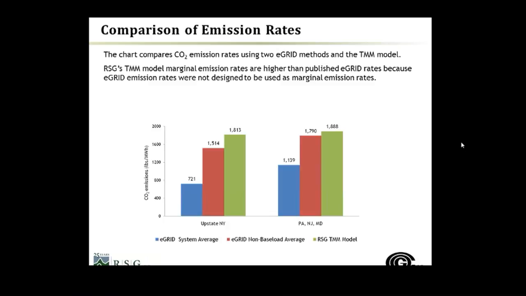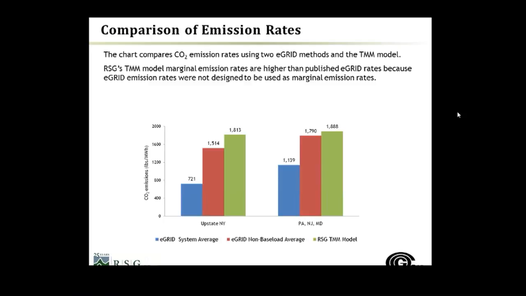So I wanted to just give a little comparison of emission rates. This chart compares the CO2 emission rates using two eGrid methods and the TMM model. This is done for two areas. One is the Pennsylvania, New Jersey, Maryland, PJM, and adjoining power market that was used for the study for the Council of Governments, and the other one is upstate New York.